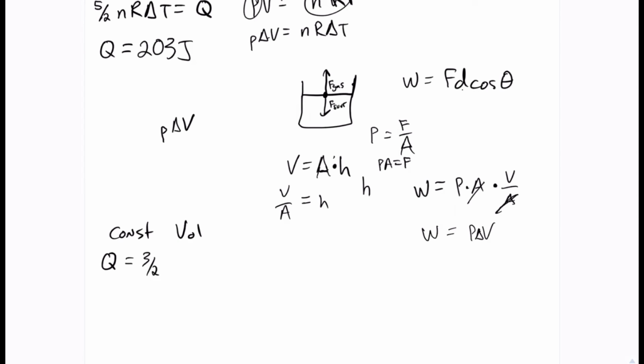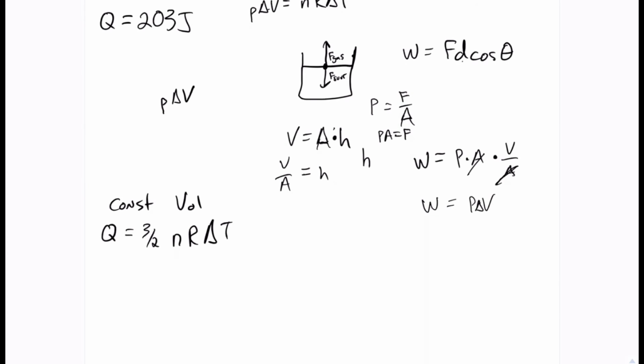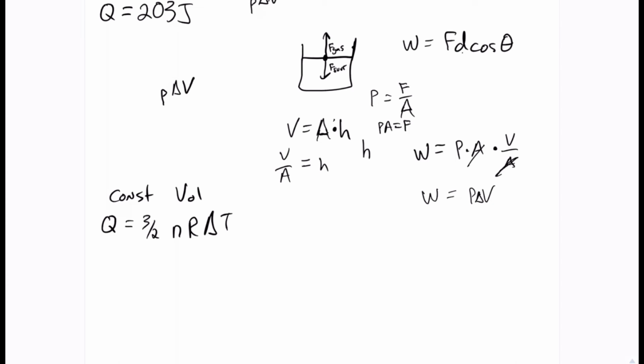That was 3/2 nR delta T. And we've made a convenient quantity called CV. And CV is just going to be equal to 3/2 times R.